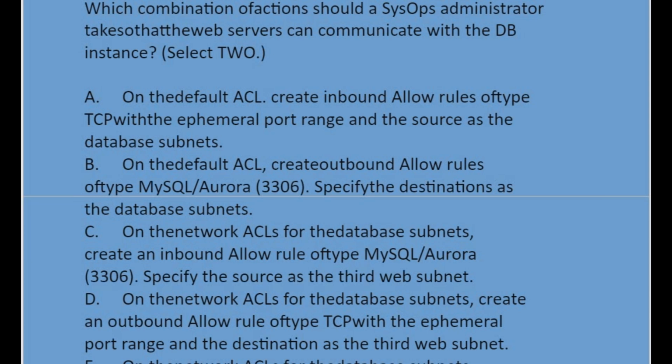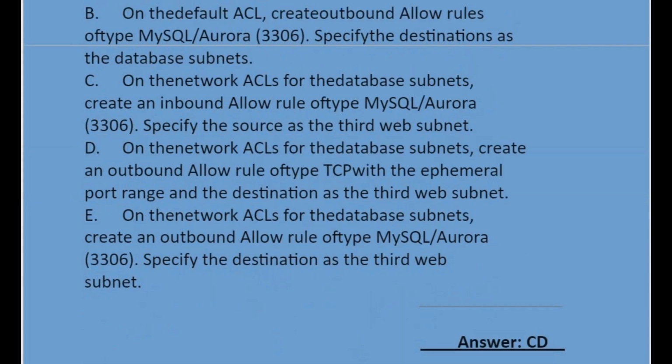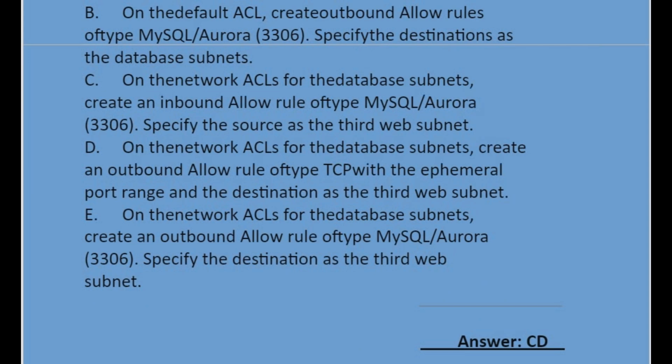Option C. On the network ACLs of the database subnets, create an inbound allow rule of type MySQL or Aurora 3306. Specify the source as the third web subnet. Option D. On the network ACLs for the database subnets, create an outbound allow rule of type TCP with the ephemeral port range and the destination as the third web subnet.